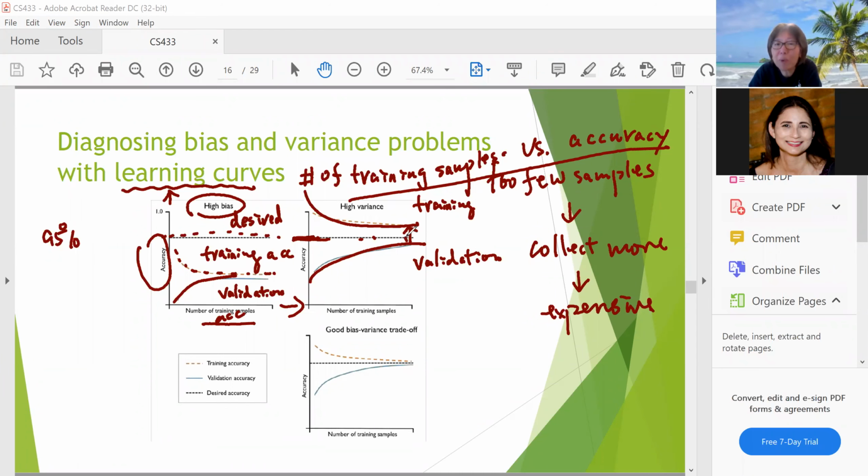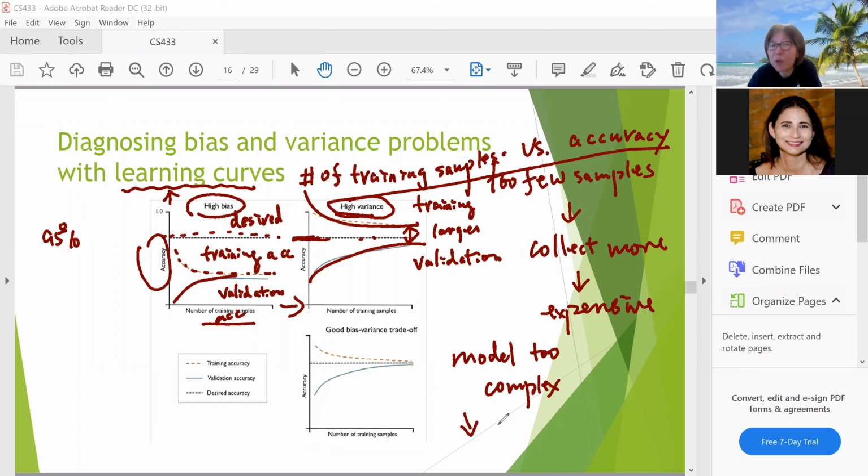So the gap between training and validation is large. One is above the desired accuracy and the other is below it. So this normally is caused by high variance. And one reason that can cause high variance is that the model is maybe too complex.